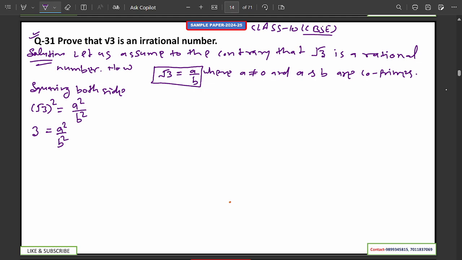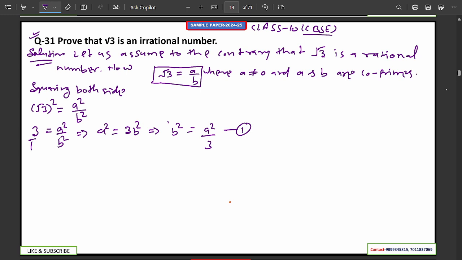By cross multiplication, it becomes a square is equal to 3b square. The same relation we can write as b square is equal to a square over 3. So this is relation 1.